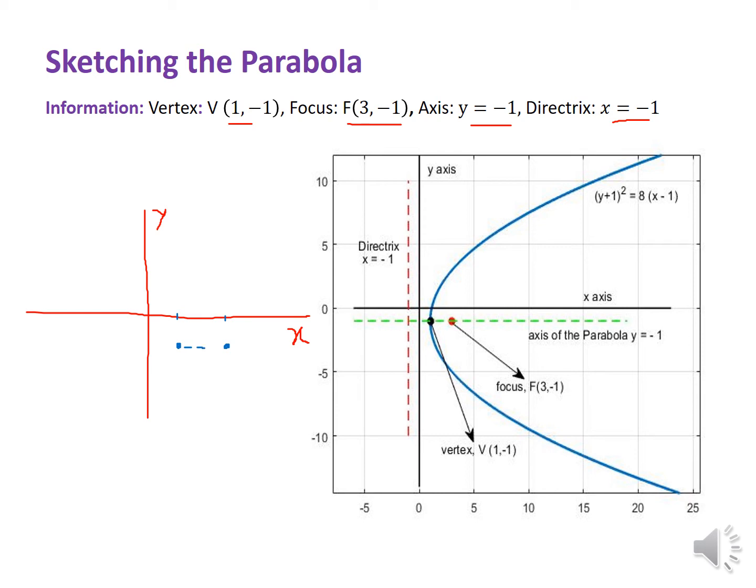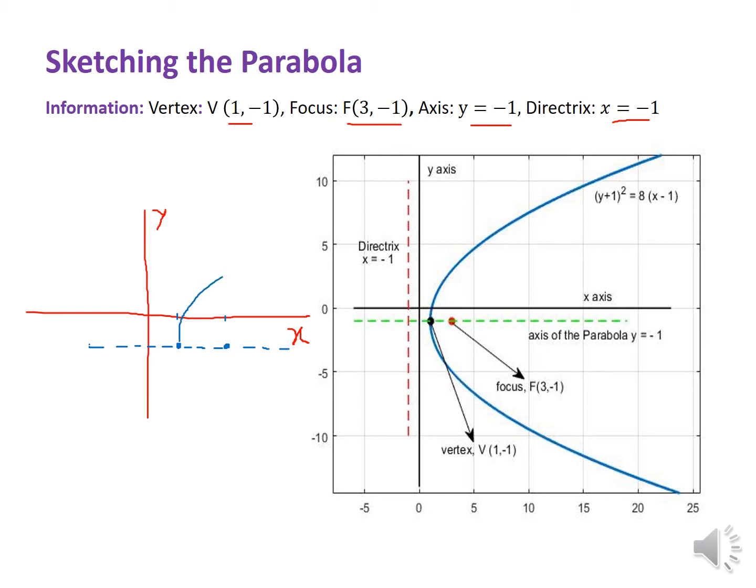So this line will be what? y is equal to negative 1. Now from here we can see that the focus is directed right from the vertex. So the parabola opens to the right, or the arms of the parabola will be directed to the right.